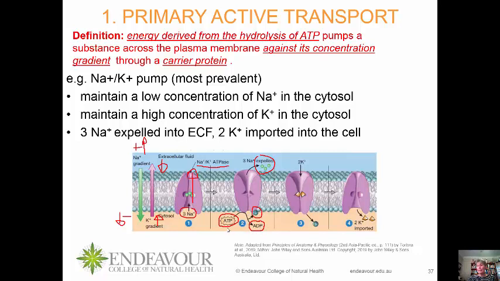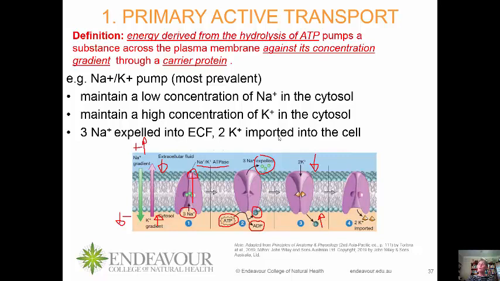So you start with adenosine tri, meaning 3. So there are 3 phosphates. Then it's broken down to adenosine diphosphate and an extra phosphate. Those two together make ADP. That reaction of breaking it down is what creates the energy to allow the sodium to be pumped out. Now the other way, 2 potassiums are imported into the cell. We know that generally in potassium there is a low concentration here, and there is a higher concentration here.